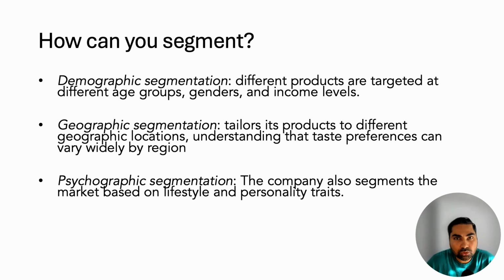The fashion industry does that a lot. The fashion industry segments its customers on the basis of different personality traits. So they will create different types of products, different shirts or different designs for customers with different personality traits. So that's called psychographic segmentation.